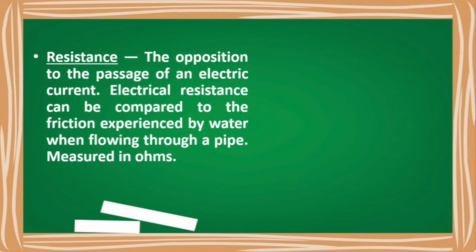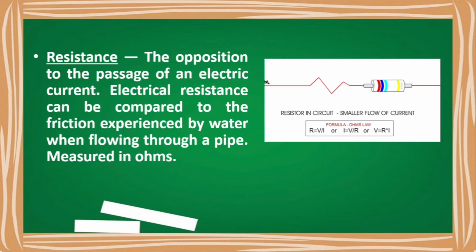Then resistance. The opposition to the passage of current is nothing but resistance. The resistance makes sure that the current does not flow easily, or it creates opposition to the flow of current. So this is what is a resistance.